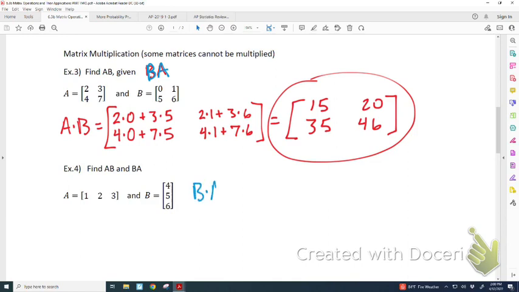B times A. So B tips over and 0, 1 moves through matrix A. So we're going to go 0 times 2. It'll be a different result. It won't be the same thing we just got. And 1 times 4. Then we move over, and we're going to go 0 times 3 plus 1 times 7.